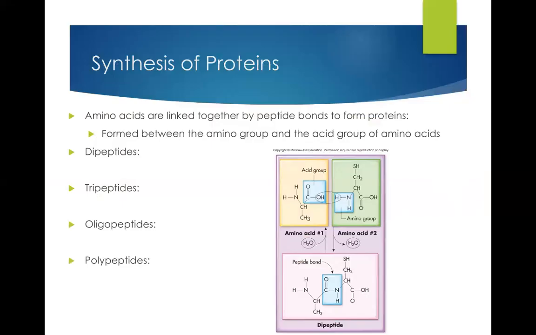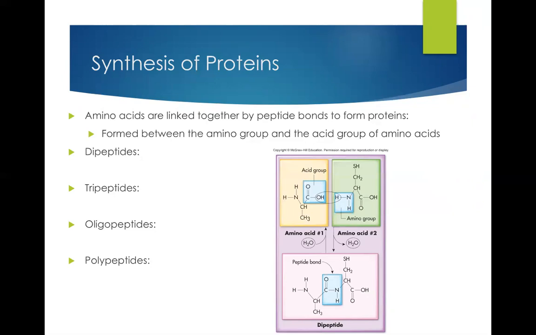How do we make proteins? Proteins are made by combining multiple amino acids together, and amino acids are connected by what's called a peptide bond. When a peptide bond forms, water is given off because 2 hydrogens and 1 oxygen are no longer needed.